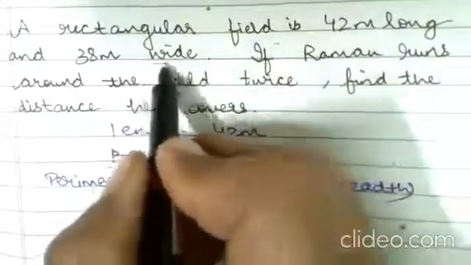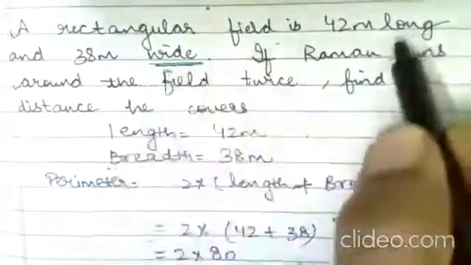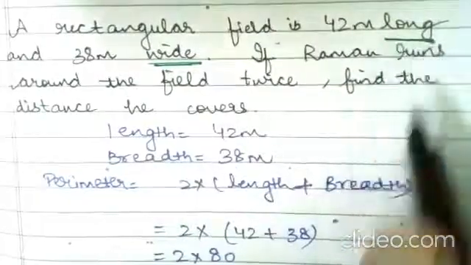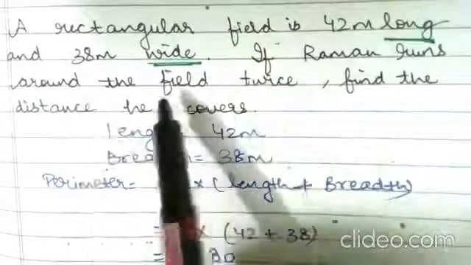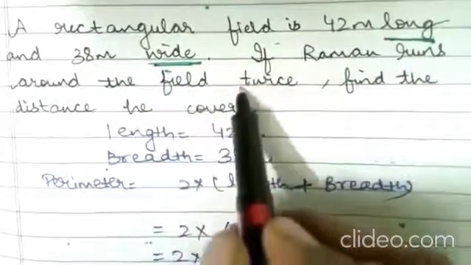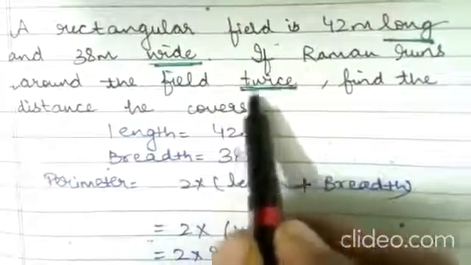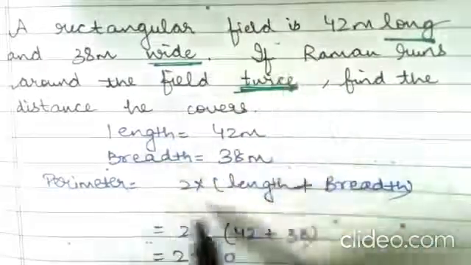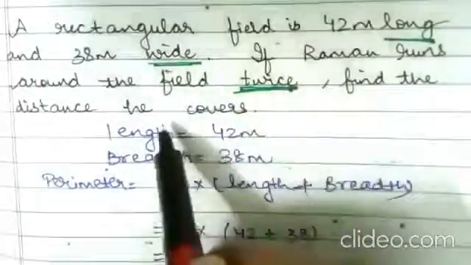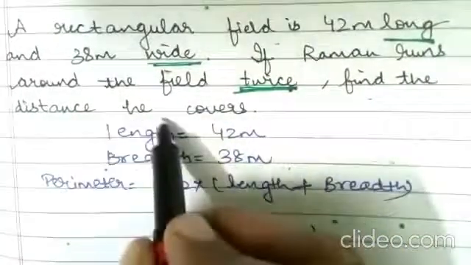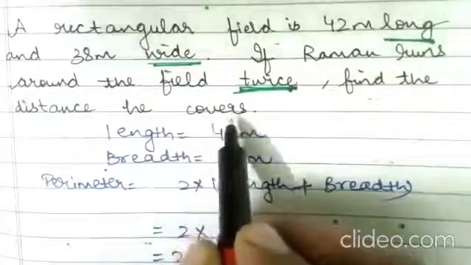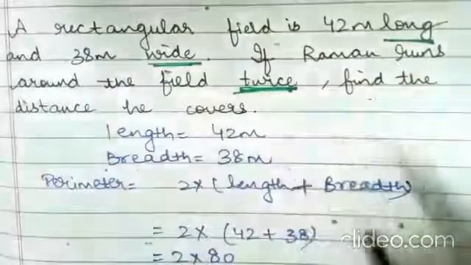Next is, a rectangular field is 42 meter long and 38 meter wide. Again, this is breadth and this is length. If Raman runs around the field twice, means he is running around the field 2 times, we have to find the distance he covered in 2 rounds.